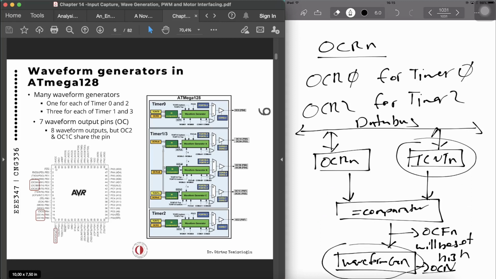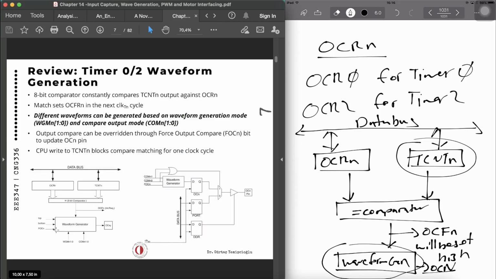Then the waveform generator changes the state of the OCn pin, according to the mode of the timer, like the WGM01 and WGM00 bits of the TCCR register, and the COM01 and COM00 bits, which are going to be set, and we are going to generate a waveform. So this is the architecture of it, which you can find in the AVR datasheet as well.